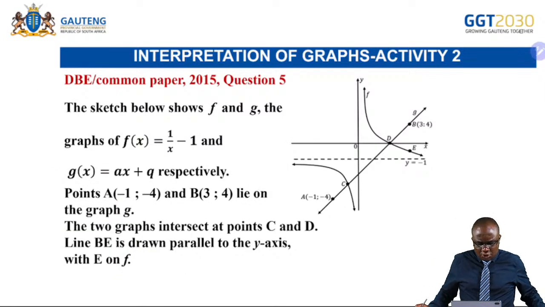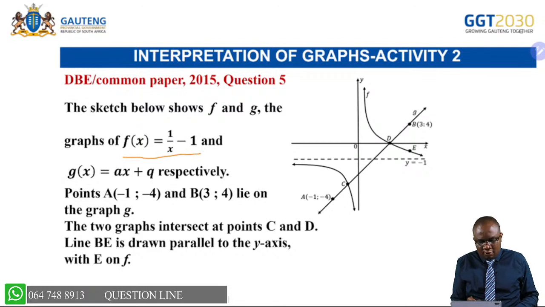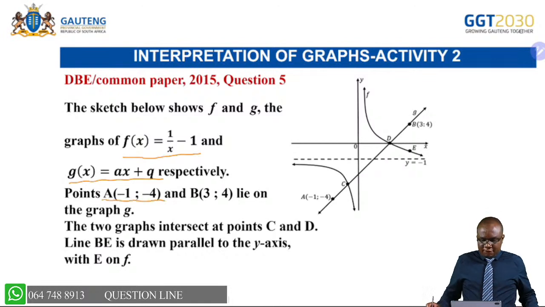Okay, let's move on to the next question. The sketch below shows f and g, the graphs of f of x, which is a hyperbola, 1 over x minus 1, and g of x is equal to ax plus q respectively. The points A and B lie on the graph of g. We can see the points A and B there.